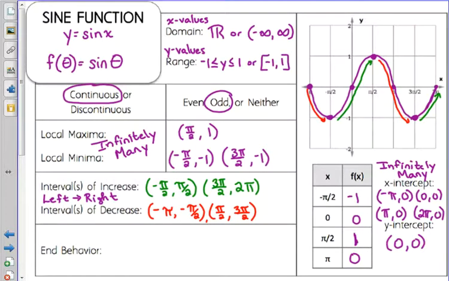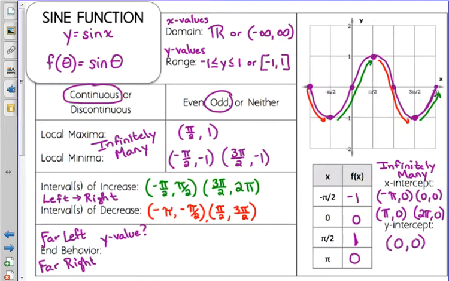Now, last thing that's review here is end behavior. End behavior means our ends, so the far left and the far right. We're looking for the y value that we are approaching.